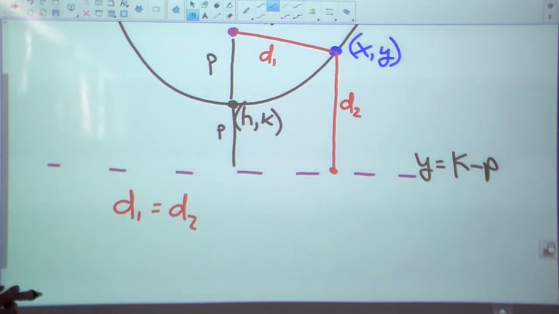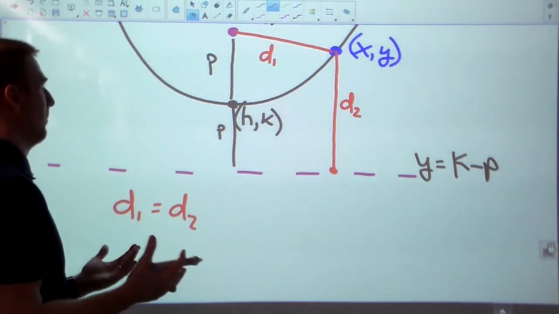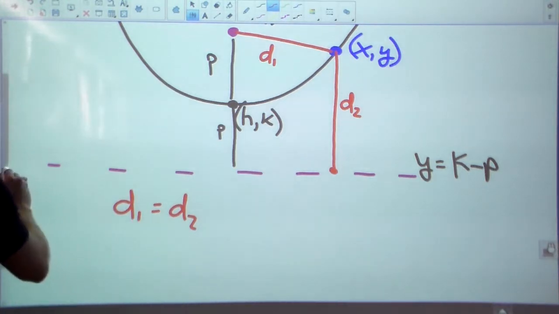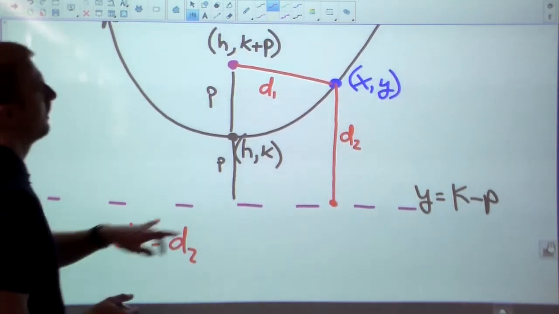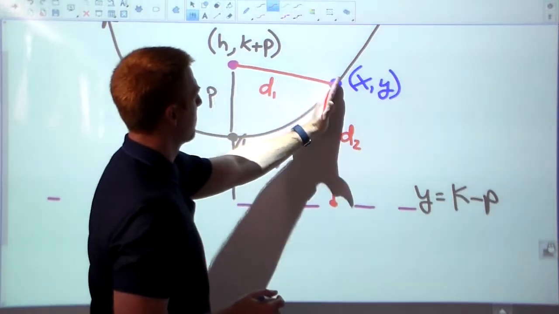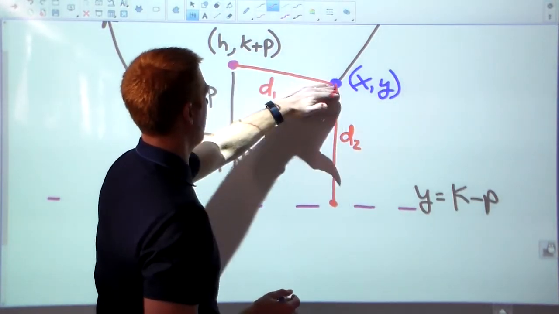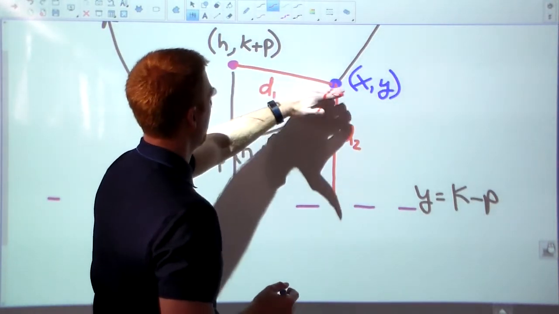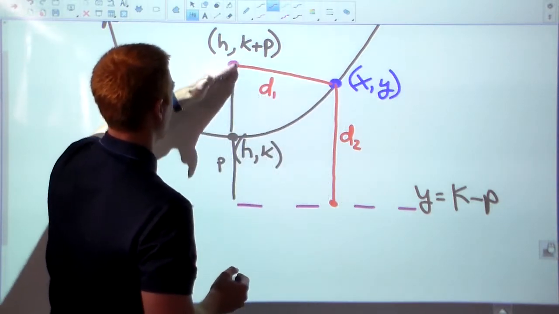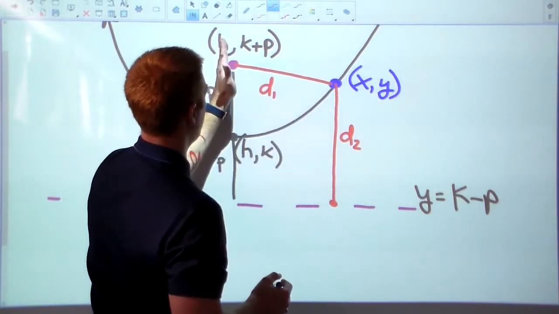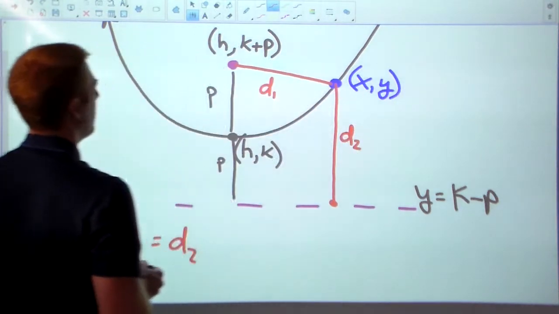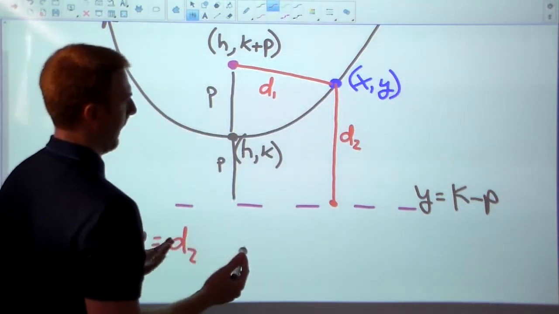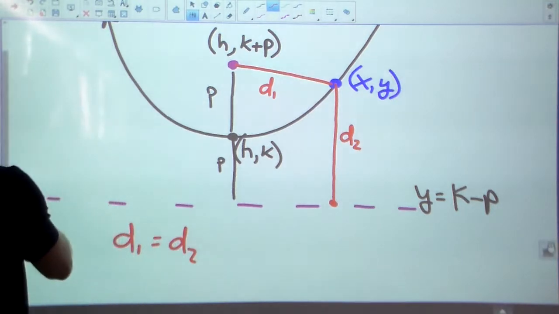So now the challenge is, let's define what d1 and d2 are. Well, d1, for the x-coordinate, you can think of a distance formula. If you made a little triangle here, it's going to be x minus h, or h minus x, whichever you want to go. So I'm going to say (x minus h) squared.